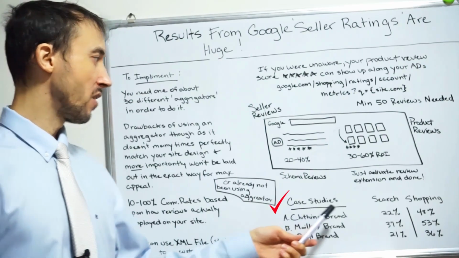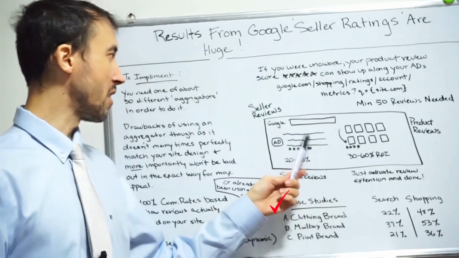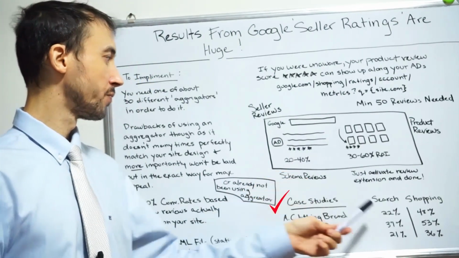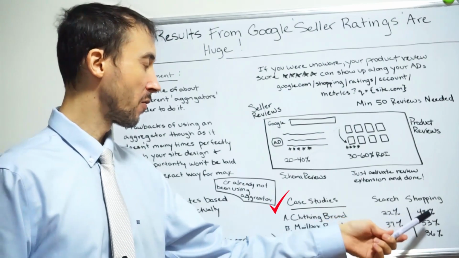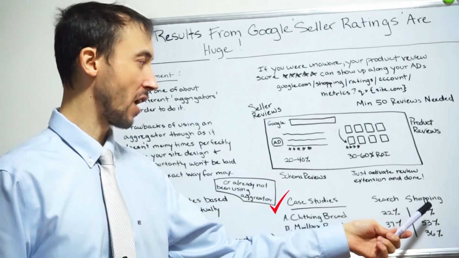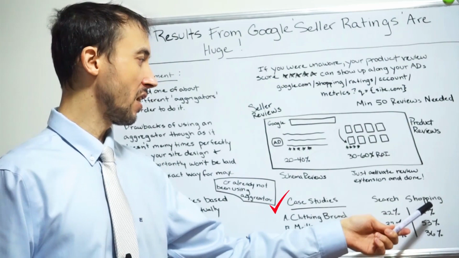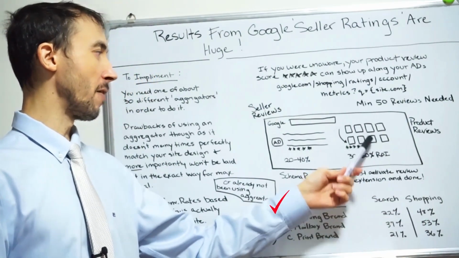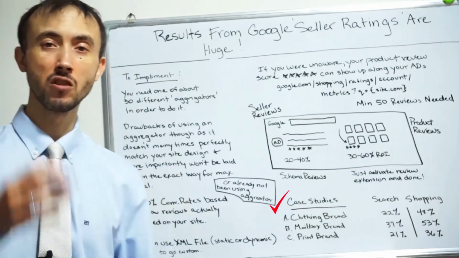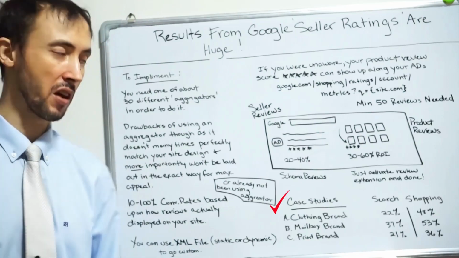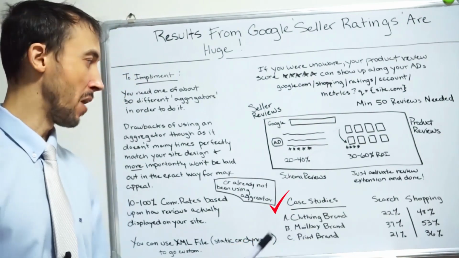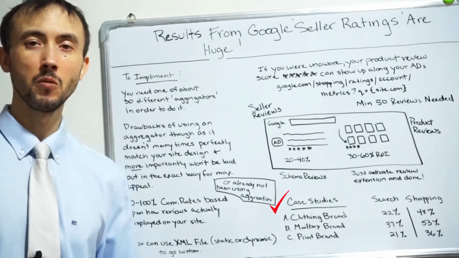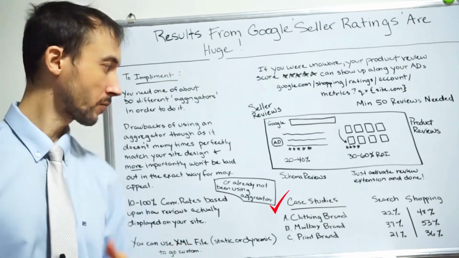The clothing brand, for these seller review ads, the search ads, had a 22% increase in ROI for the client that we had there, the one that I checked. And I had a 48% increase in ROI from the shopping ads before and after the stars started showing up.